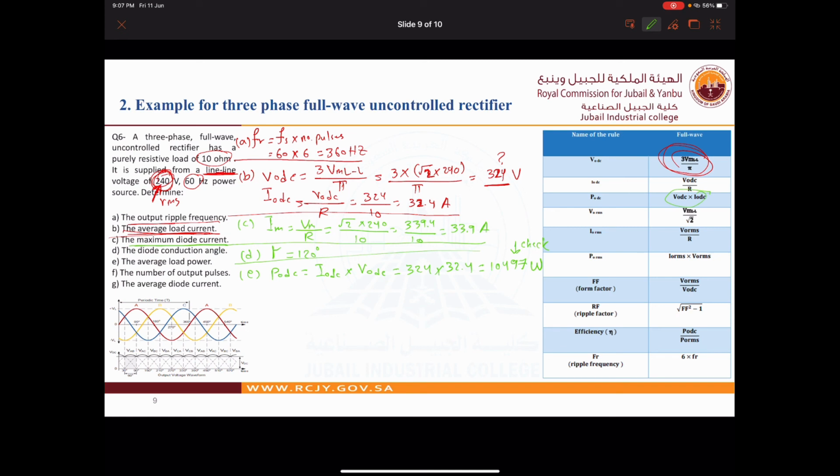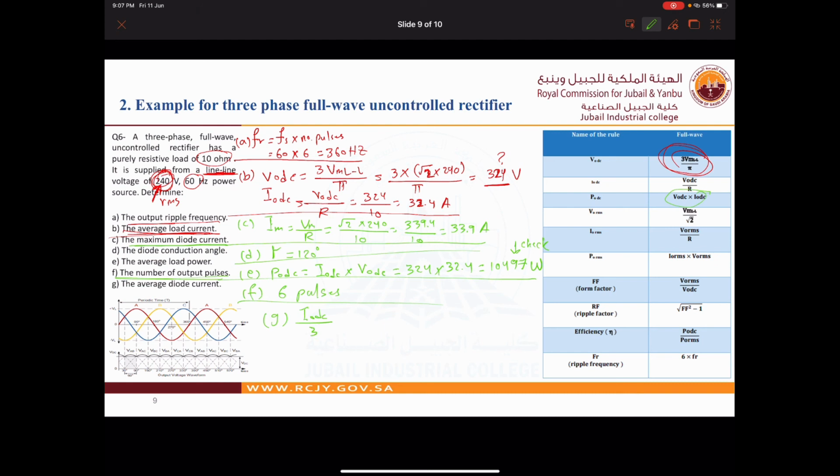Now, F, he said number of output pulses. Of course, we know it is 6 pulses. Okay. For the average diode current, G, it is average I output DC divided by 3.